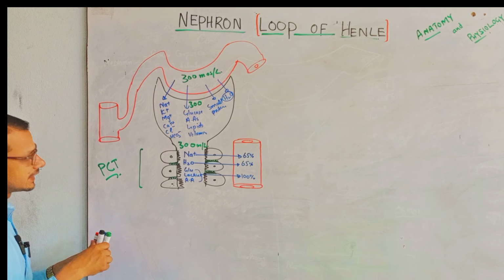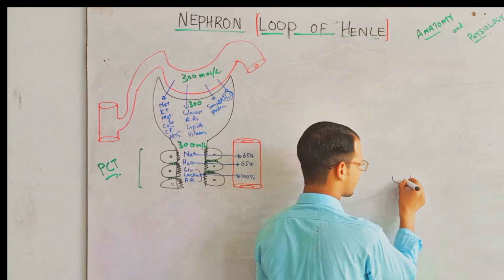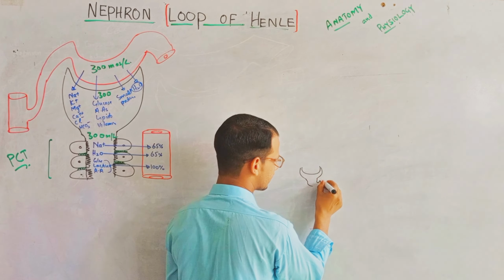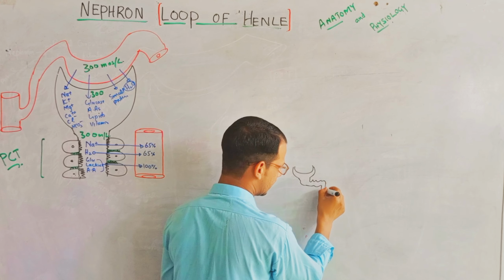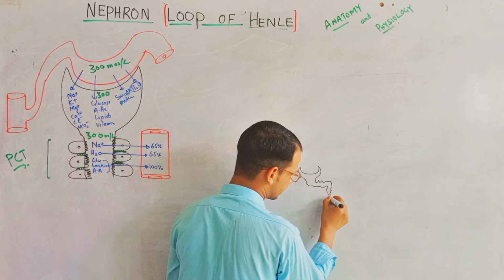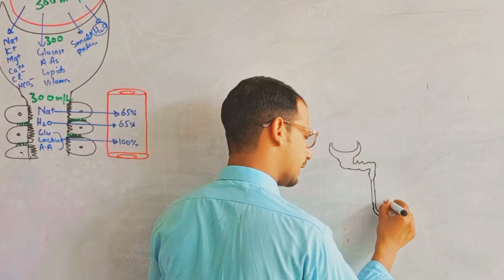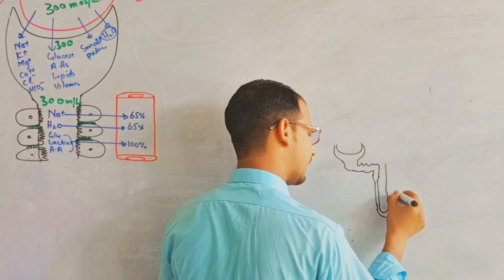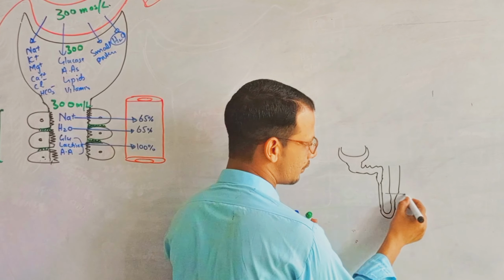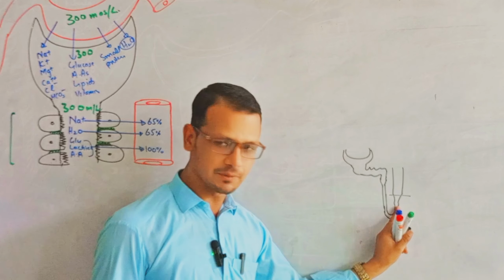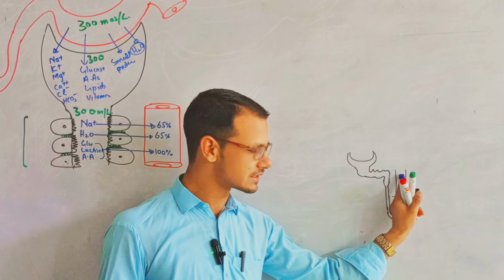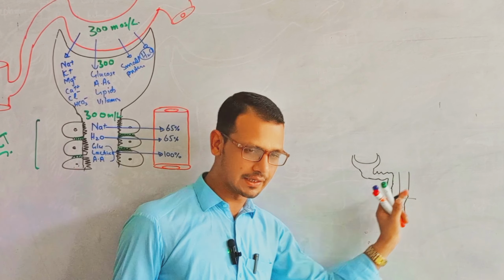But for example, generally when this is the nephron, this is the proximal convoluted tubules. Here we have the descending limb of the loop of Henle, and here we have the ascending limb, but the ascending limb has two parts. One is the thin part of the ascending limb and one is the thick part of the ascending limb.